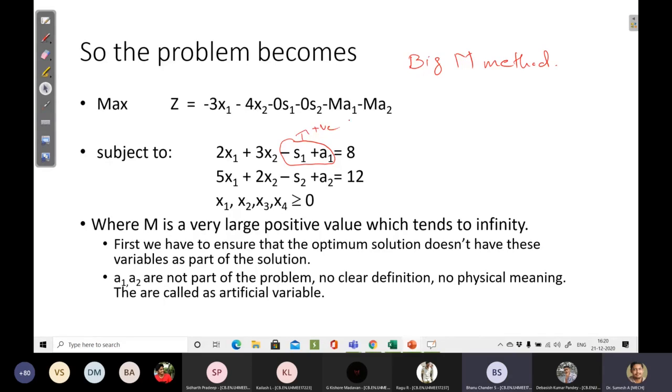Sir, one doubt. Can we square both sides to get a positive? If we square it, then your functionality will change. Because then we can take the s1 squared coefficient and do the simplex method itself.